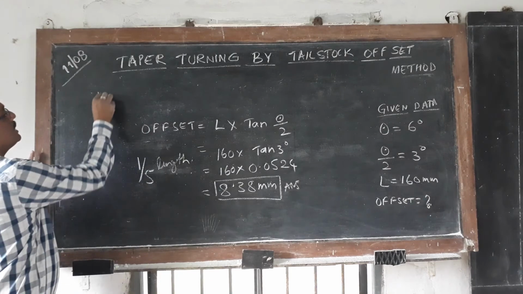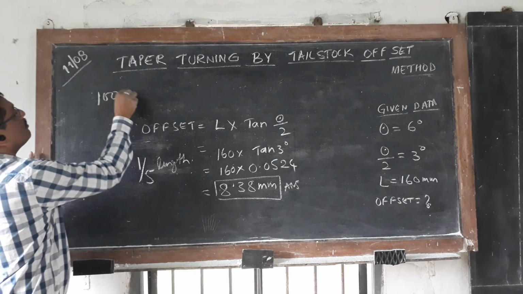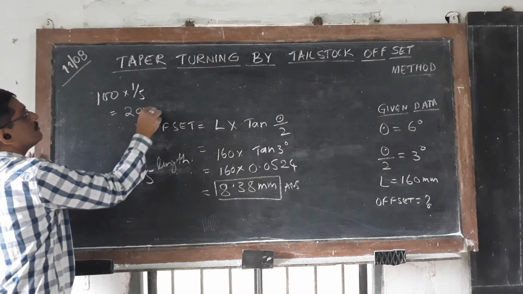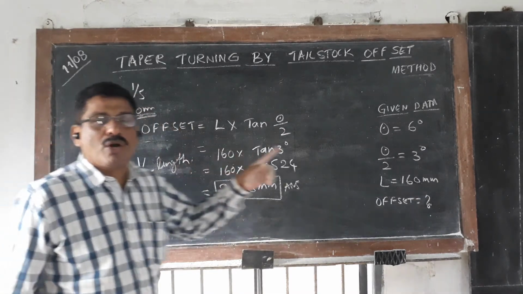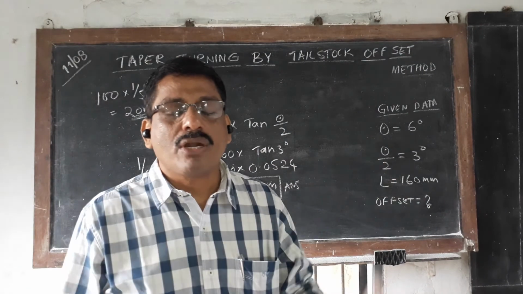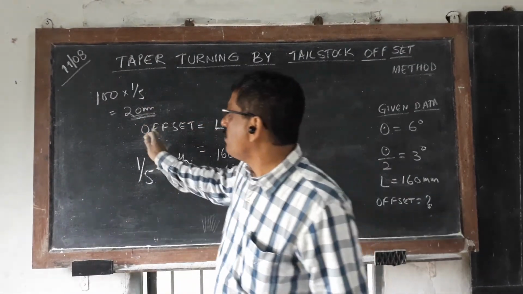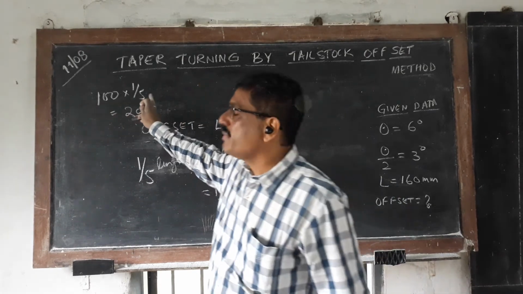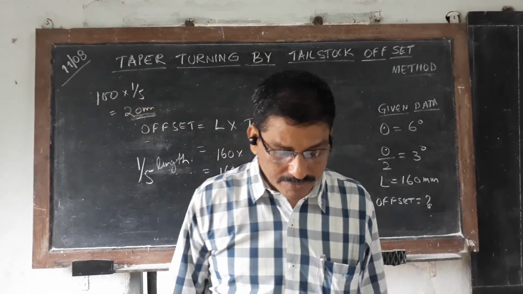Suppose a 100 mm job, 100 mm into 1/5, so you can shift maximum 20 mm. For small lengths, 20 mm is not possible, but we can shift up to 20 mm, not more than that. Keep that in mind, it will be asked as a choose-the-correct-answer question.